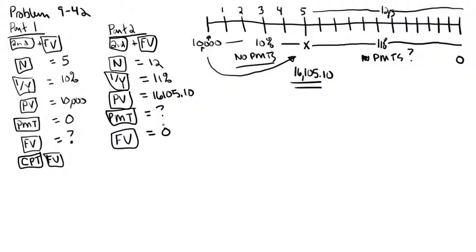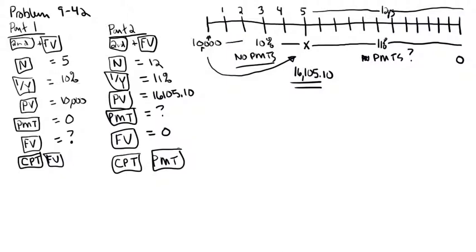Second future value button clears that previous set of numbers out of my keys. And I have 12 and the N button, and then 11 and the IY button, and then 16,105.10 in my PV button and 0 in my FV button, and then I will compute PMT.